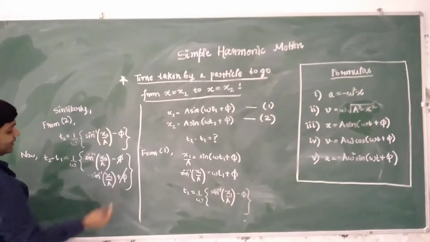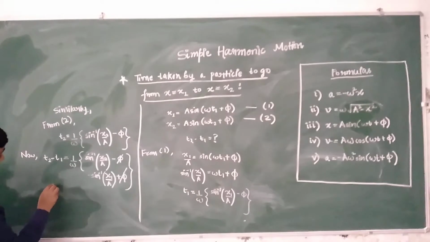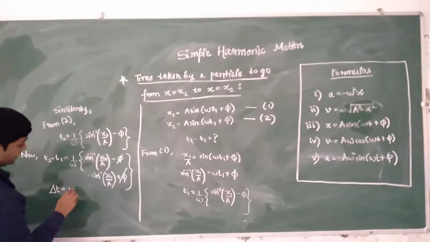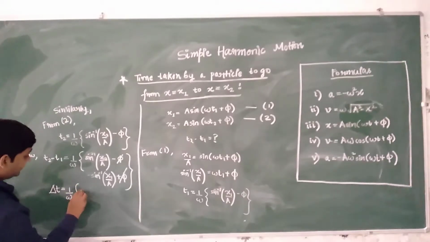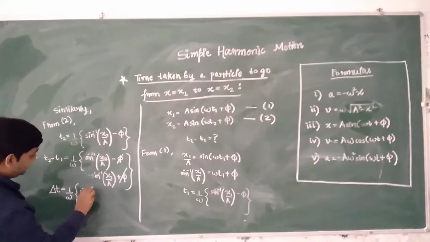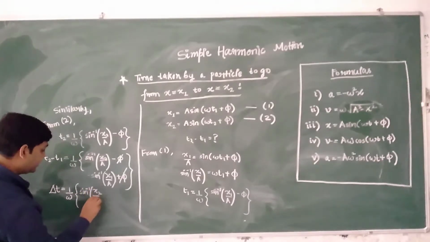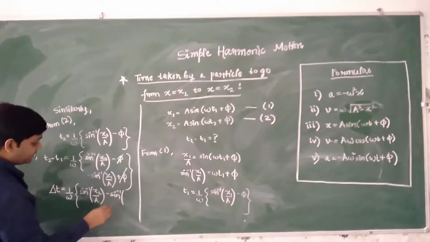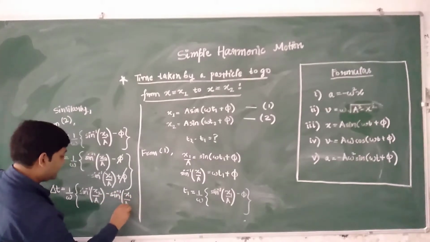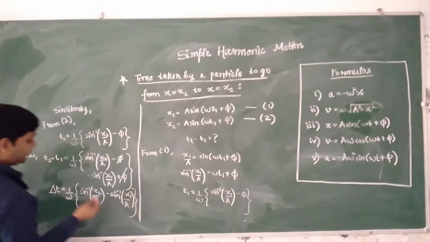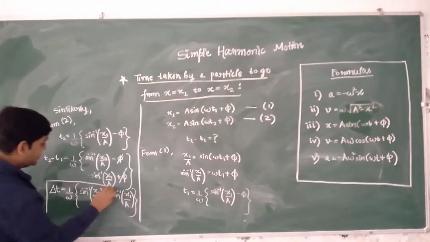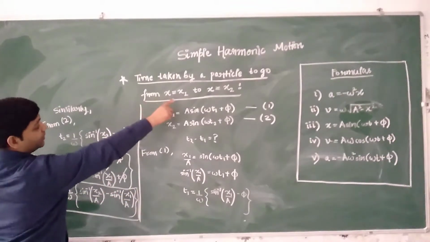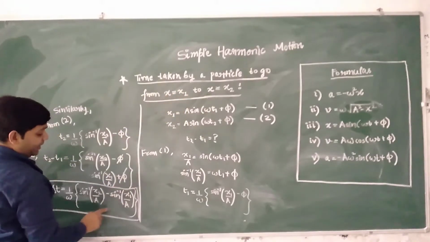So these two will cancel out, and then we will have delta t, time taken by the particle, will be 1 upon omega, and it will be sine inverse x2 upon a minus sine inverse x1 upon a. This is the time taken by the particle to go from position x1 to position x2.